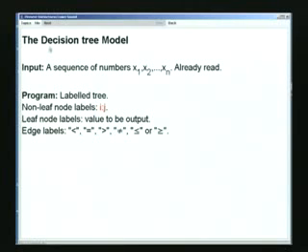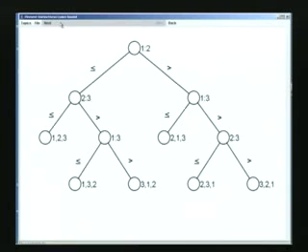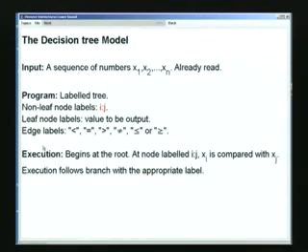Let me quickly take an example of a decision tree program. So here is a decision tree program for sorting three numbers. As you can see, each non-leaf node is labeled i:j, in this case 1:2, and each leaf node is labeled by the answer that is to be output, and furthermore each edge is labeled with a relational operator. Execution begins at the root. At each node labeled i:j, xi from the set of inputs is compared with xj.